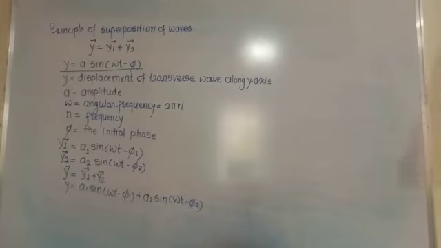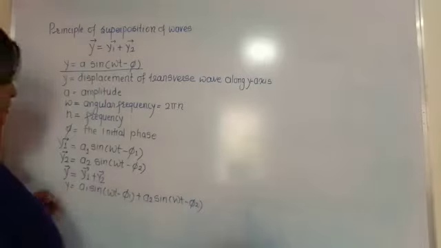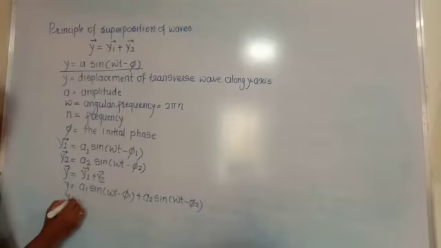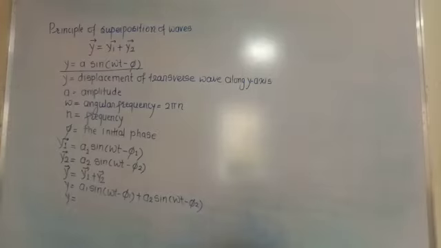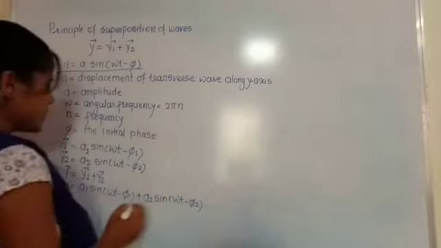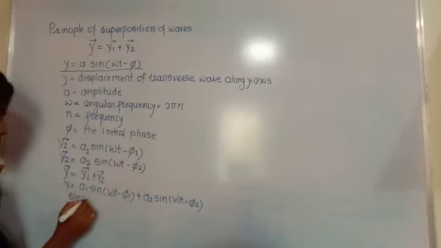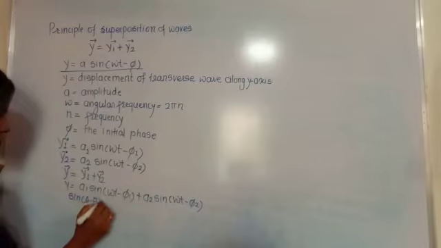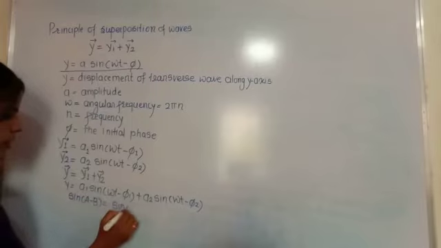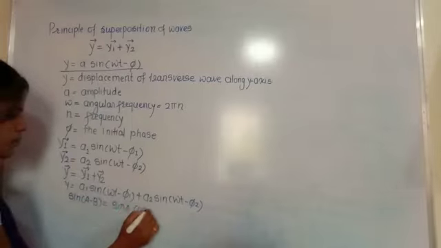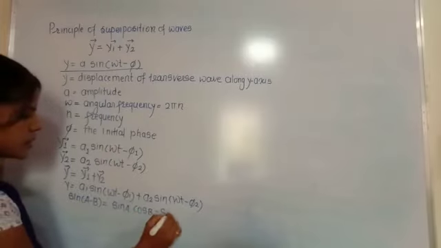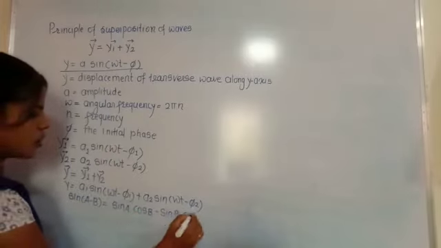We apply the formula of sin(a minus b). Sin(a minus b) is equal to sin a into cos b minus cos a into sin b.